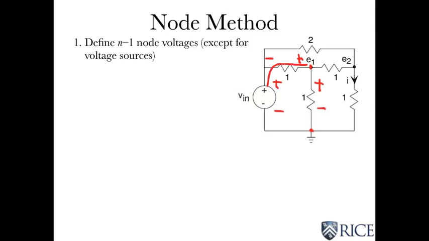So you could go around this way, or you could go around that way to get to that reference, and that voltage is E1. Well, that implies KVL. So we're using the KVL relations implicitly when we define node voltages as just being the voltage between some point in the circuit, a node, and the reference. And this voltage applies no matter what path you take to get between the two.